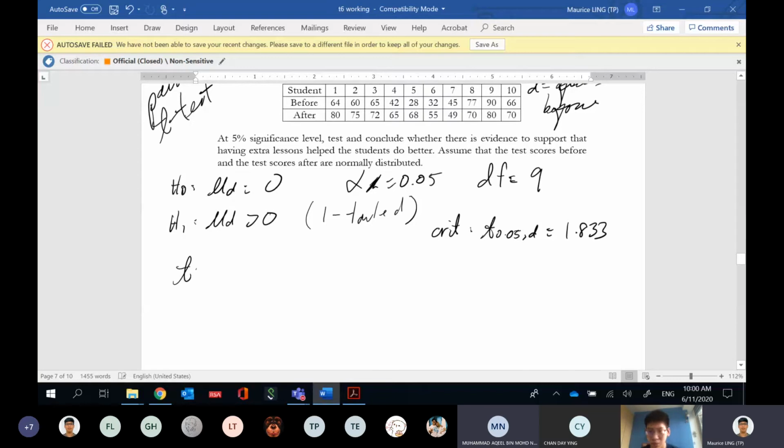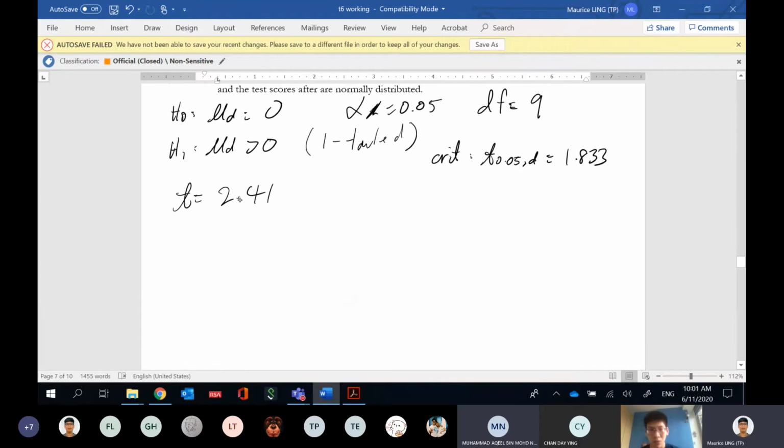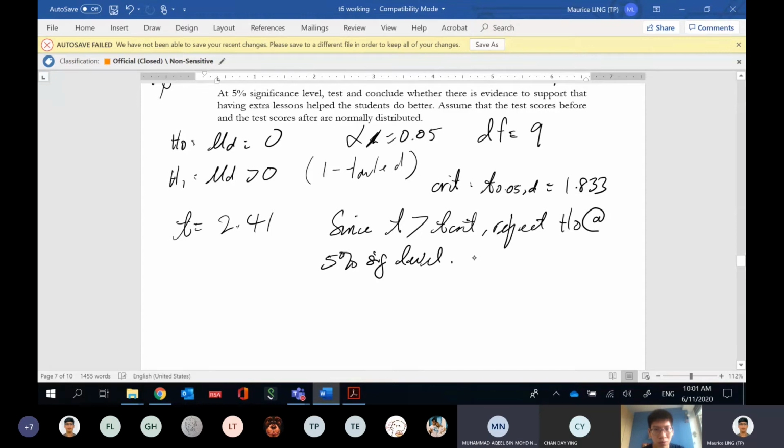Then you can find your t statistic. 2.41. Very good. Okay, conclusion now? Since this t statistic is more than t critical value, we reject the H null at 5% significance level and accept H1. So there is evidence that having extra lessons help students to do better.